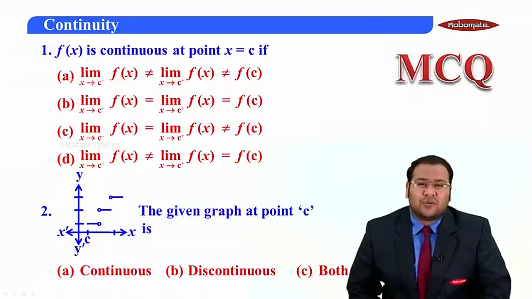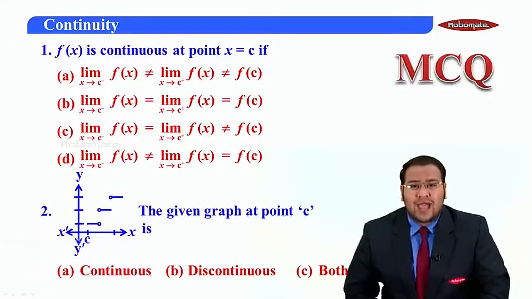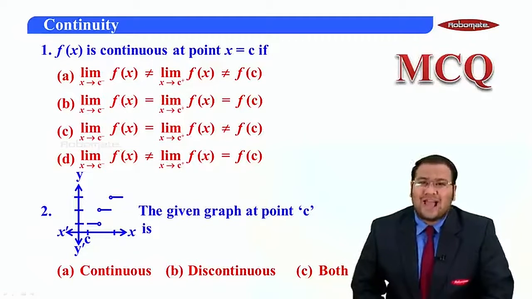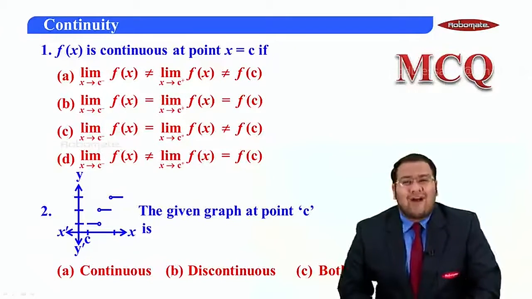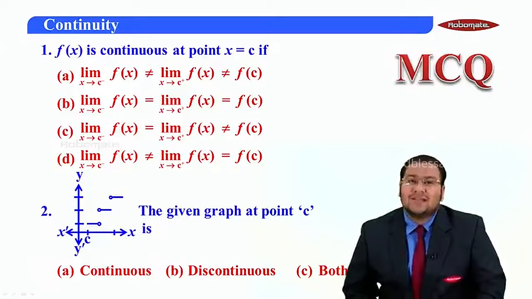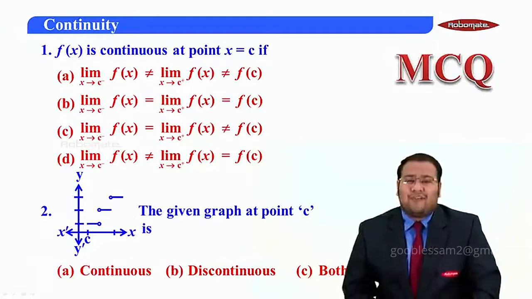The first question says f of x is continuous at a point x is equal to c if we know that if a function is continuous at a point x is equal to c, then limit x tends to c f of x should be equal to f of c.